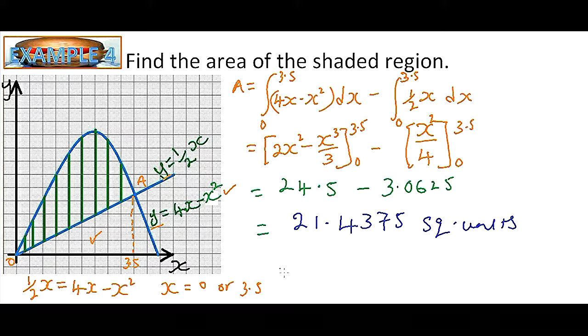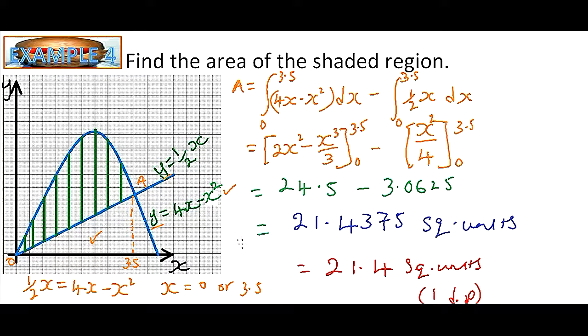So that is the area which we can also in short write as equal to 21.4 square units, and this is to 1 decimal place. So that is how you get an area given the situation on our graph.